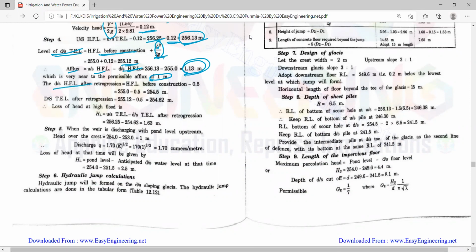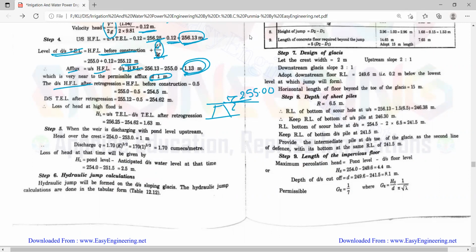So the downstream side high flood level is going to decrease because of the construction of weir. Actually, before construction of weir, the water level is 255.00 meters. Maximum flood level will be 255.00 meters. Because of the construction of weir, the downstream side water level will reduce. So velocity is going to increase.